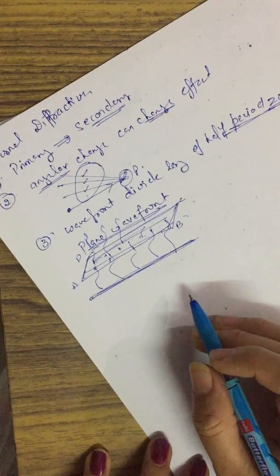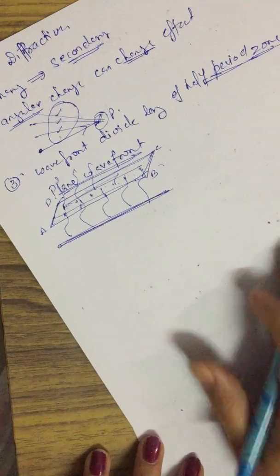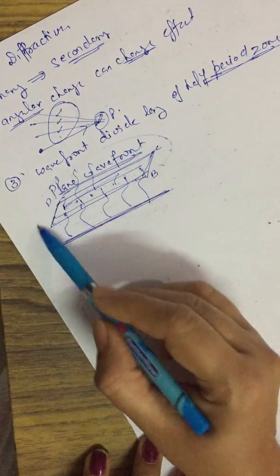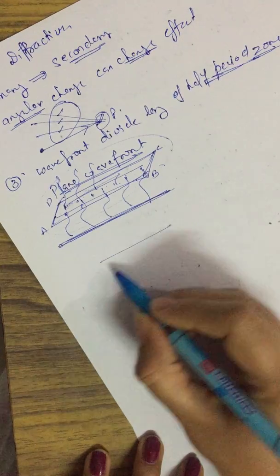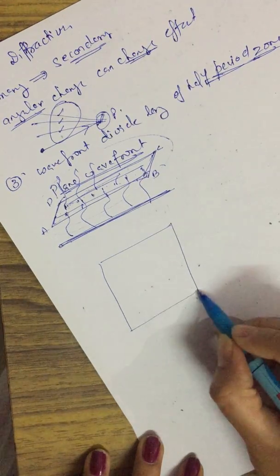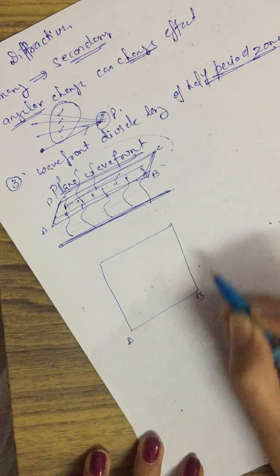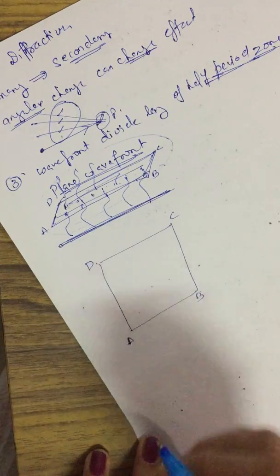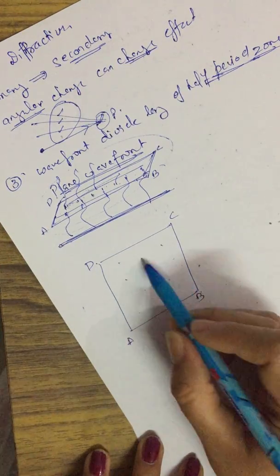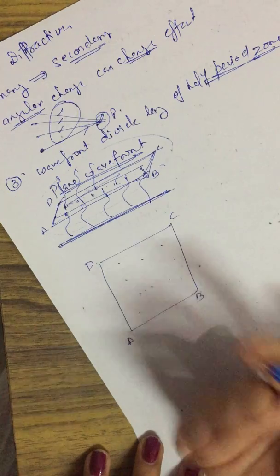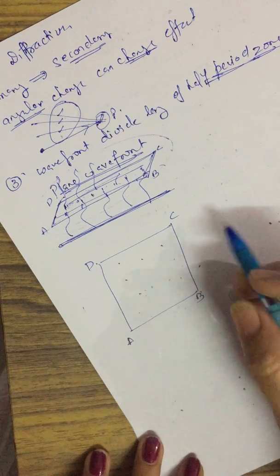Now, in half period zone, we take this plane wavefront as our base. Let us consider this is your plane wavefront, and every point on it behaves like a primary source.